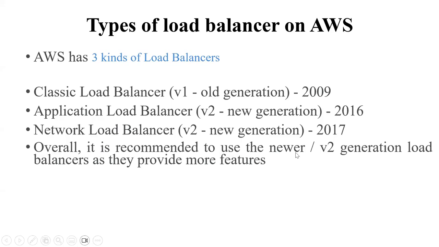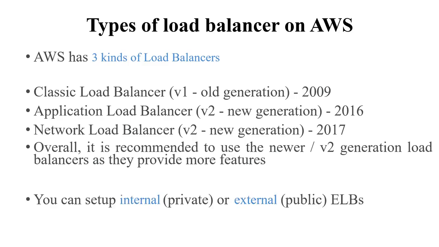Overall, it is recommended to use the newer V2 generation load balancers as they provide more features. Application load balancers or network load balancers are recommended instead of the classic load balancer.